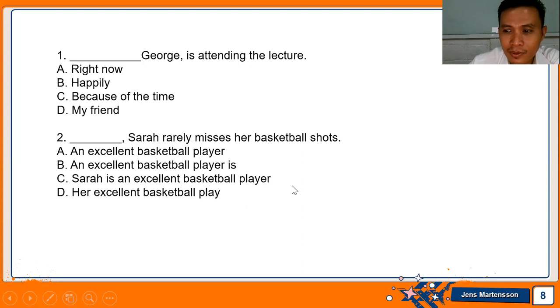Berarti di sini kita menggunakan conjunction ya. Sarah is an excellent basketball player and she rarely misses her basketball shots ya. Berarti ada kata penghubung karena di sini ada dua kalimat ya. Dua kalimat di sini harusnya ada kata penghubung. Ini kan nggak bisa di koma begitu saja. Bisa and, bisa or, bisa other conjunction.